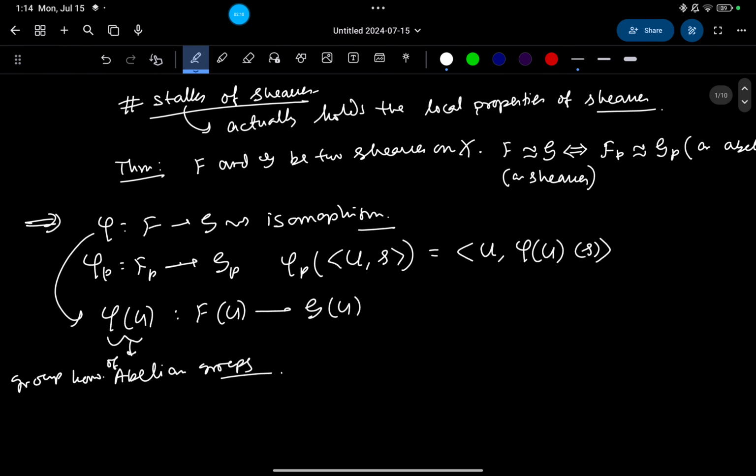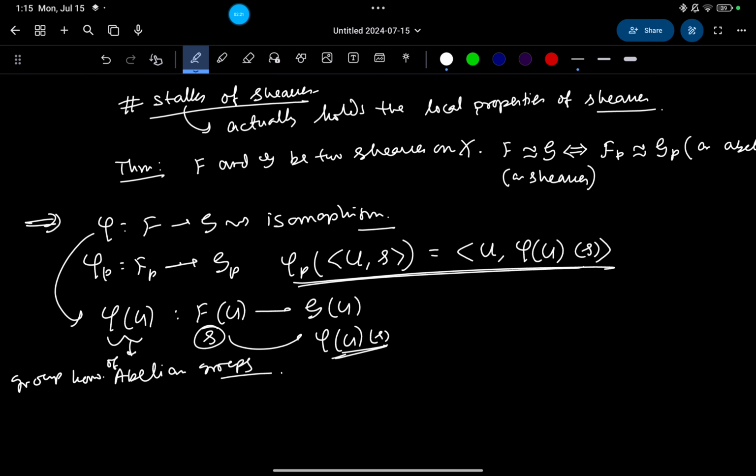And if you have s here, you can have phi_u of s here. So of course this map makes sense.